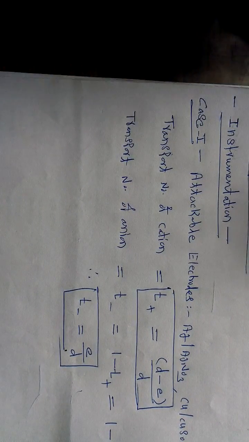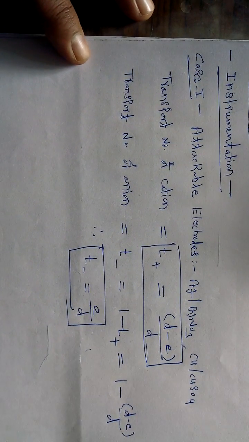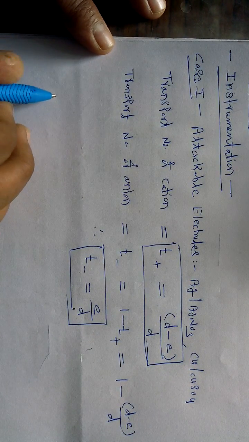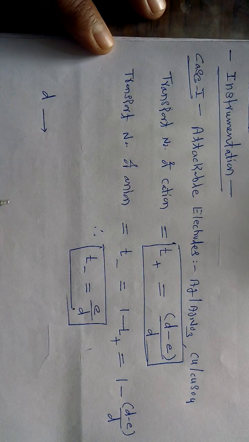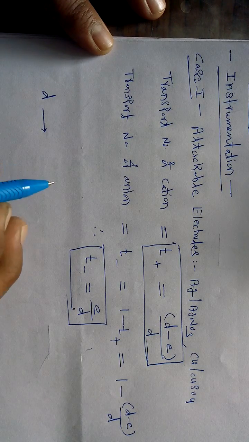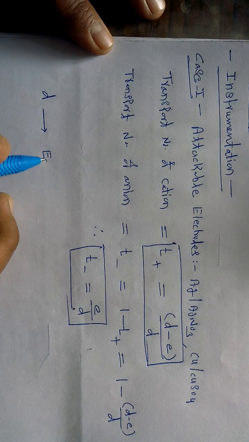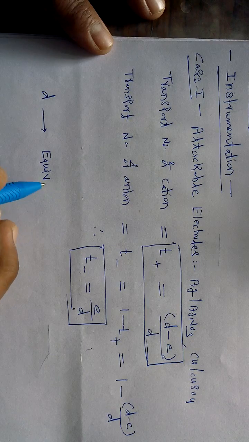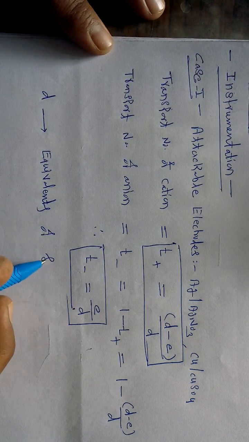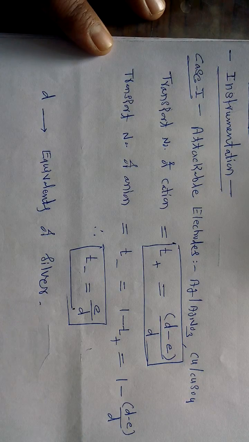So in this case, we have to use some parameters. The first parameter is the small d. What is meant by this d? This d is nothing but the equivalence of silver. How does this silver get deposited?